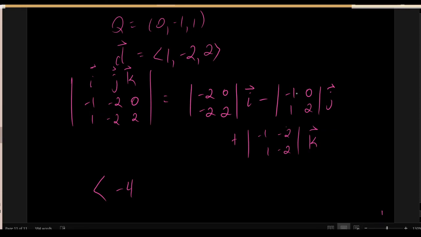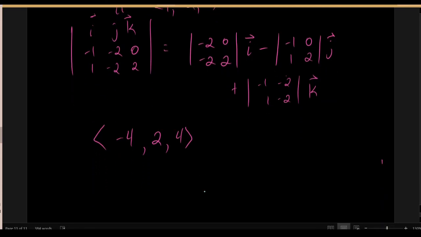This determinant is equal to negative 1 times 2 minus 0, with an extra negative becomes positive 2. And then for the k component, we have negative 1 times negative 2, so that's positive 2, minus 1 times negative 2, all in total 2 plus 2, which is 4.